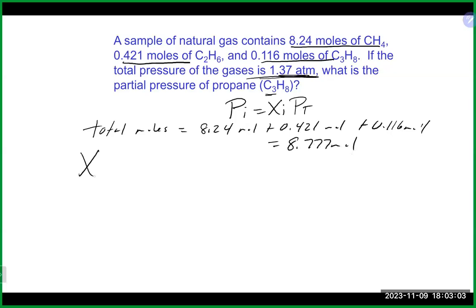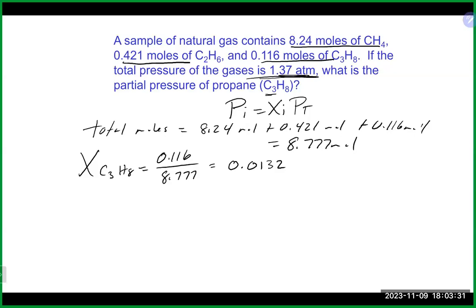To find the mole fraction of our propane, we're going to take the moles of propane, which is 0.116, and divide it by the total moles. Once again, we're not going to multiply it by 100, so we're going to get the decimal form there. And we got something like 0.0132, basically 1.3% of it is our propane.